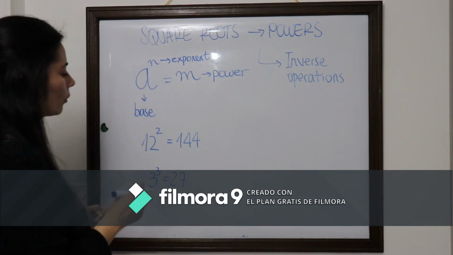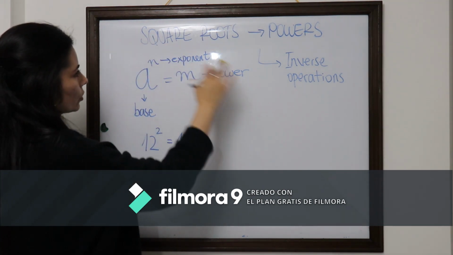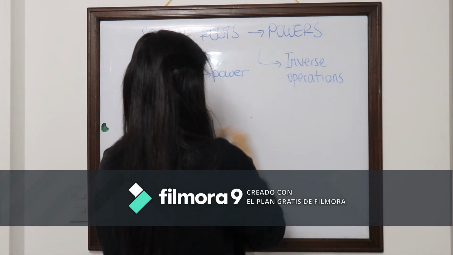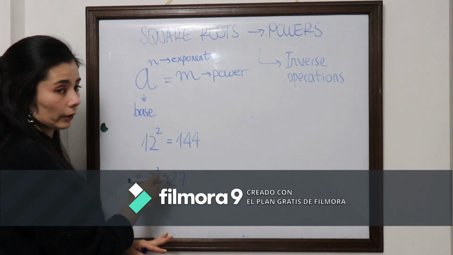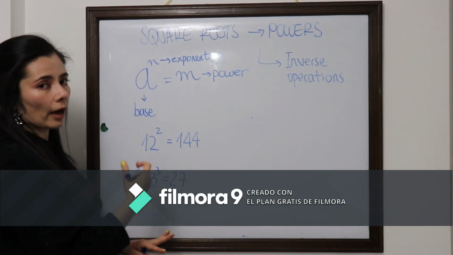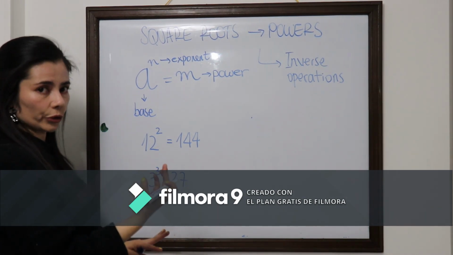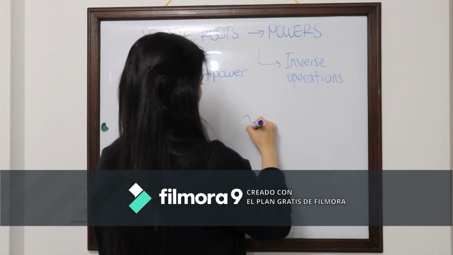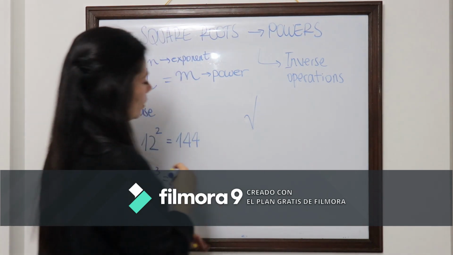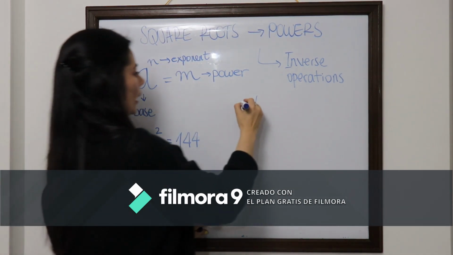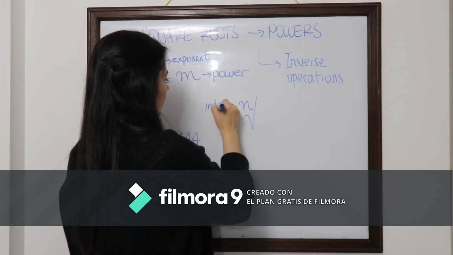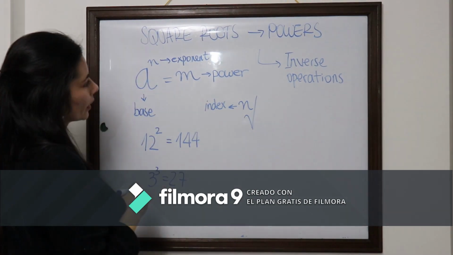Well, the relationship we have is that square roots are for square powers, but for any other power, we would have to use an equivalent root. So think about this. In a root, we're going to take the exponent, and now this one is going to be called the index.